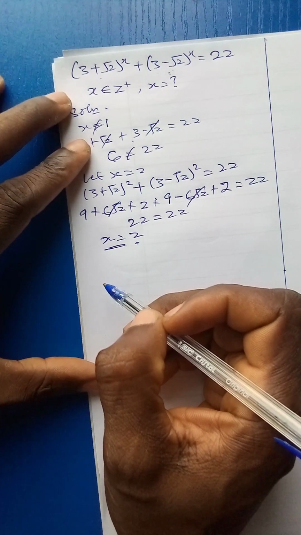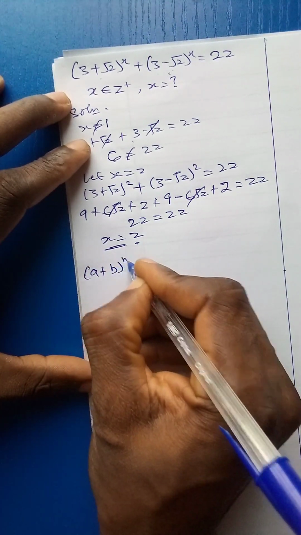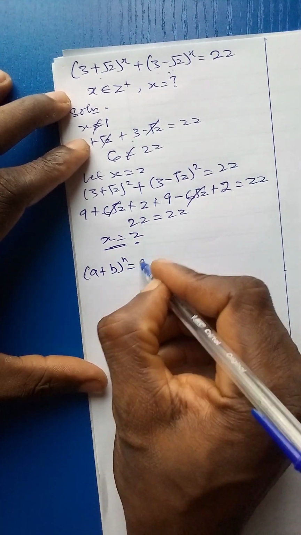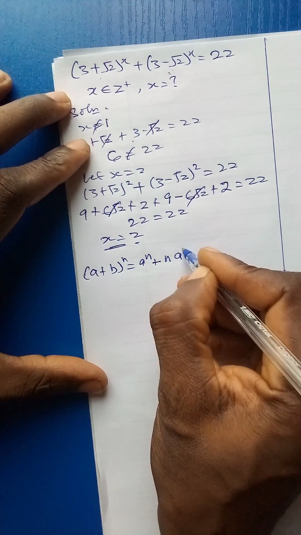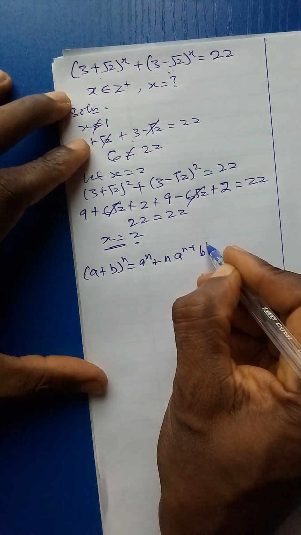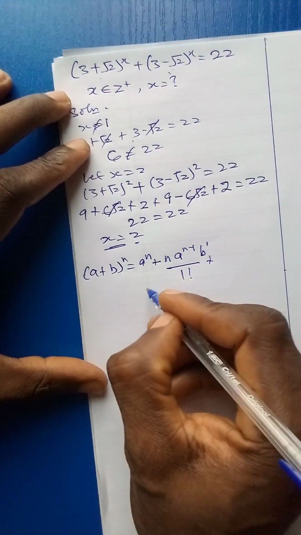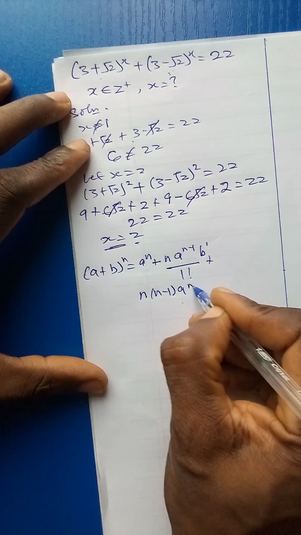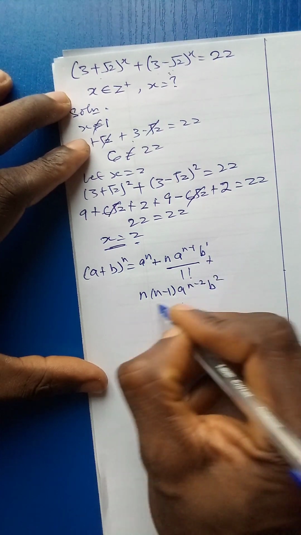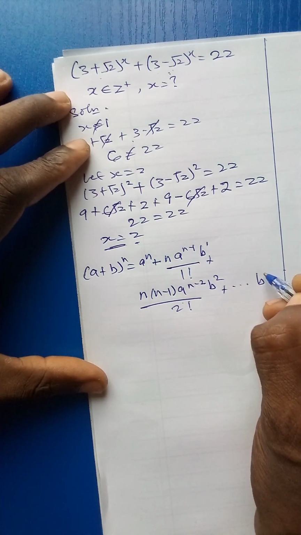Now, what is this binomial expansion? If I have (a + b)^n, it will expand into a^n plus n a^(n−1) b^1 over 1 factorial, plus n times (n − 1) a^(n−2) b^2 over 2 factorial, up till the last term, which is b^n.